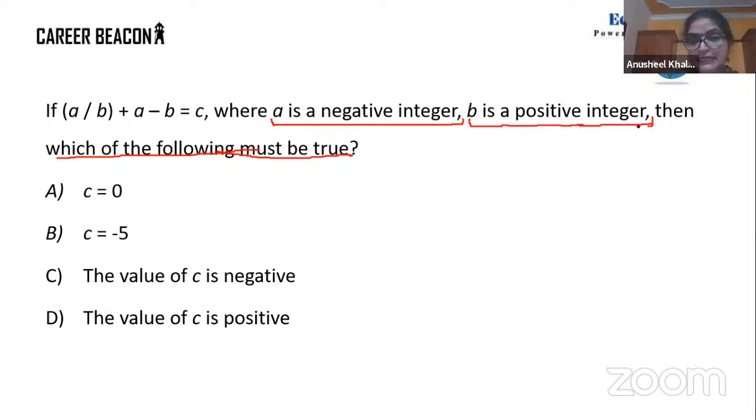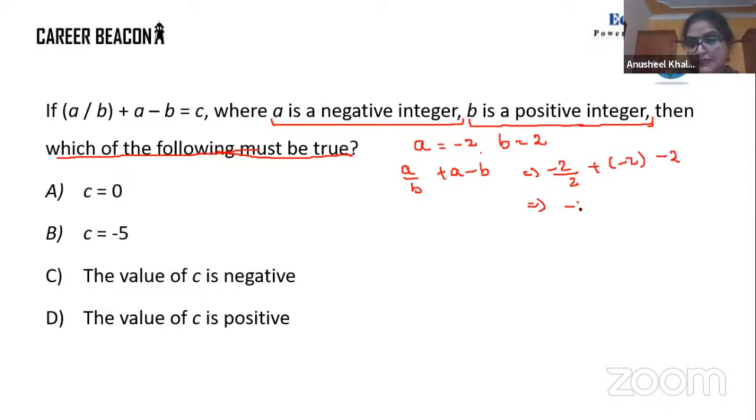The question says that A is a negative integer, so let's assume a negative value for A. Let's assume A as -2, and B is a positive integer, so let's assume B as 2. Now you have to put these values in the given expression: A by B plus A minus B. This becomes -2 upon 2 plus -2 minus 2.